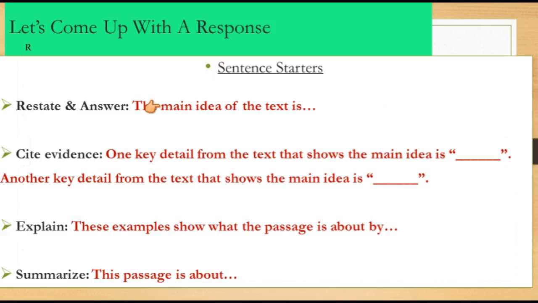As you can see, we've given you sentence starters. This isn't always going to be the case, but we really want you to understand what you need to be doing when you complete the constructed response. And then in the S, summarize what you wrote. Don't summarize what you read in the article. Summarize what you wrote. This passage was about. Basically, you're restating your answer at the end.